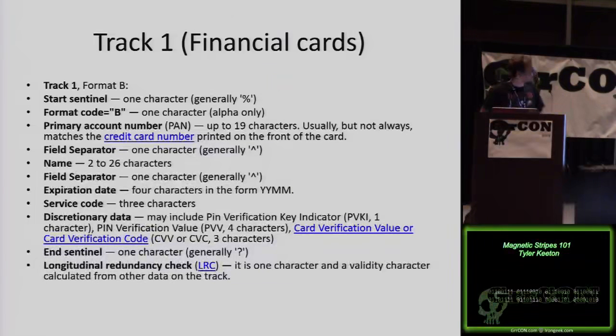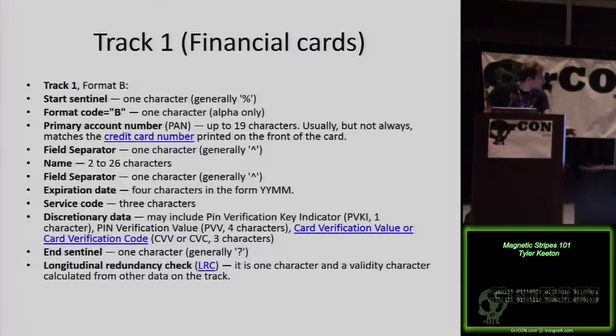Then we have the primary account number, which is the card number printed on the front. We have a field separator, which just says, hey, this is done, next. And then we have the cardholder's name. Another field separator, expiration date. Expiration date can change from year, month, to also month, year. That can be significant when it comes to calculating the CVV, and we'll get into that in a second.